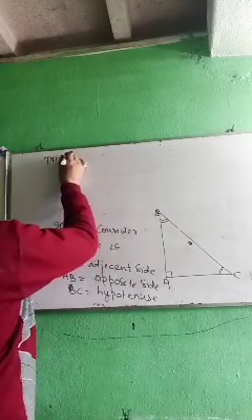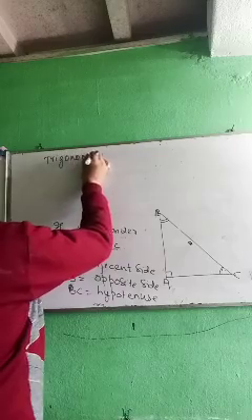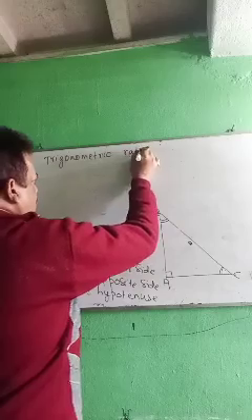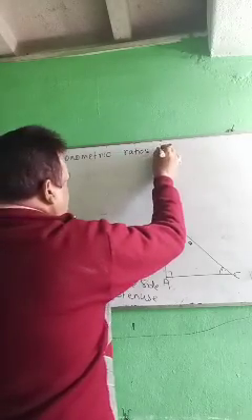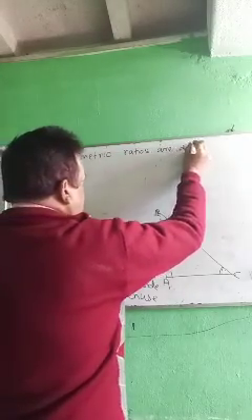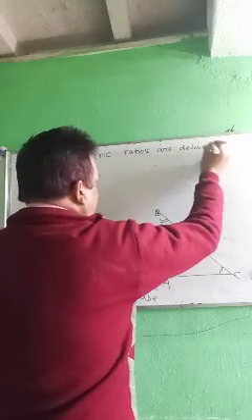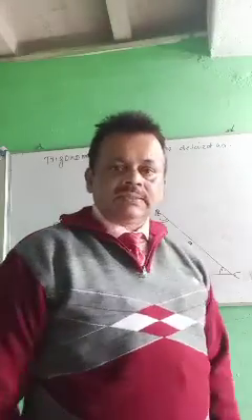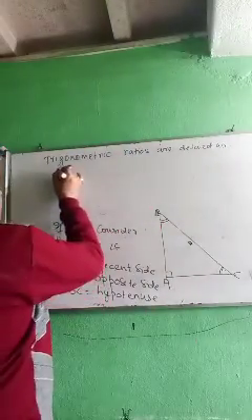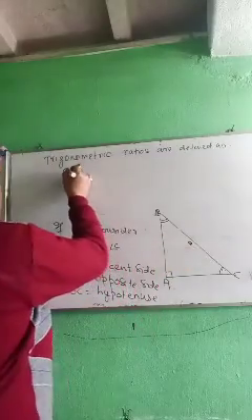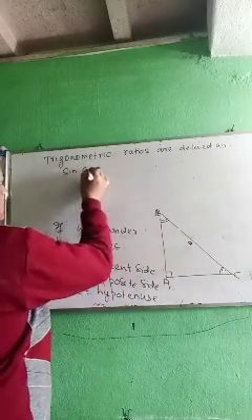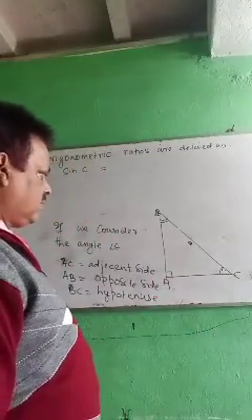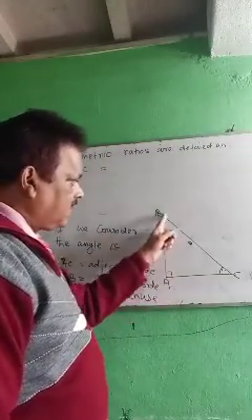Trigonometric ratios are defined as, suppose I will start with C angle, sin C. You have to remember this, that is we call as perpendicular by hypotenuse.